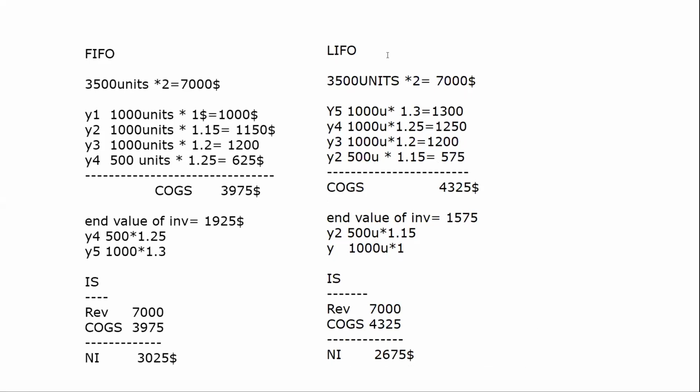This was for LIFO and FIFO. And the other one we have is average cost, the last one: the weighted average cost methodology. So how do we do it in here?